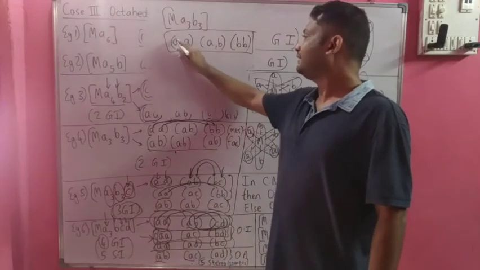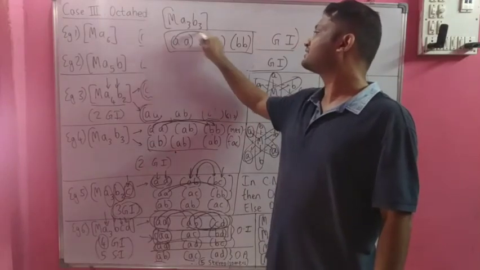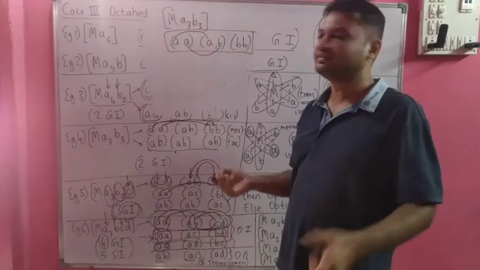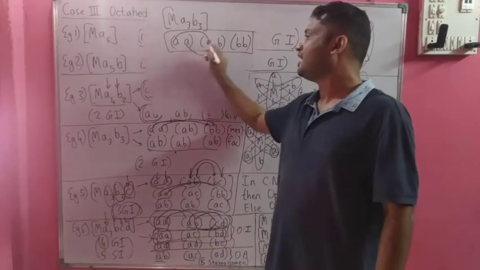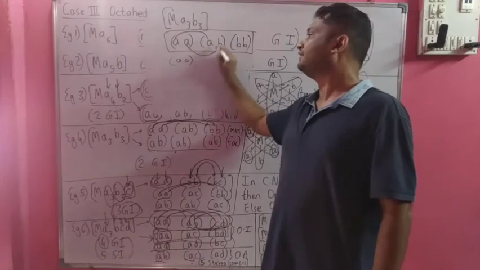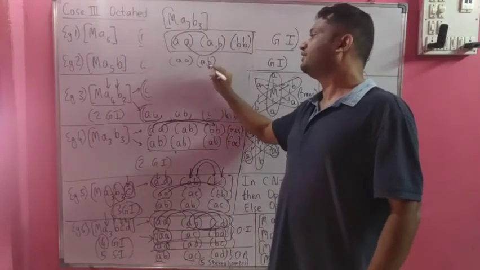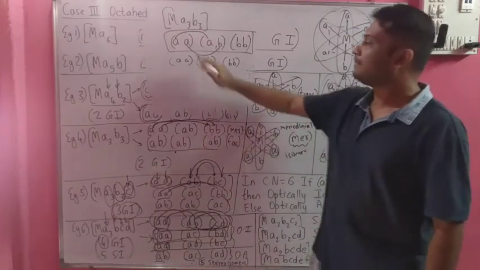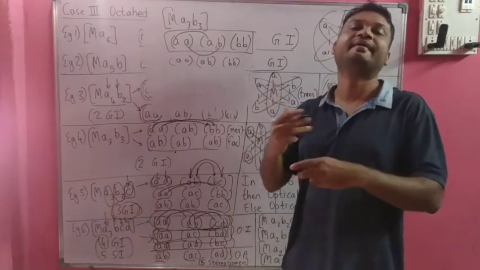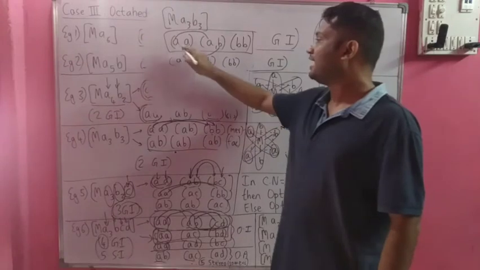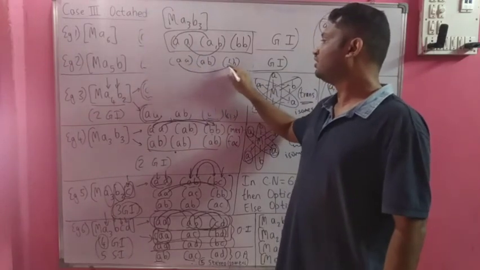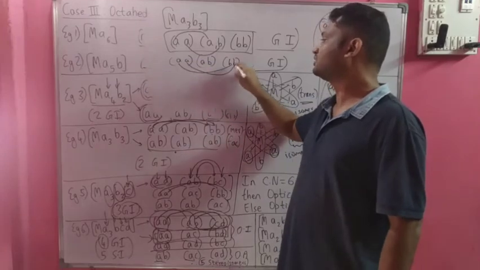Let us now combine this A with this A. And this A with this B. So again we will get the same set. If I get AA and then AB, it doesn't lead to a new structure. It is the same thing itself. So combining these two doesn't give any result. So let us go further and combine this element with this one and this element with this one.